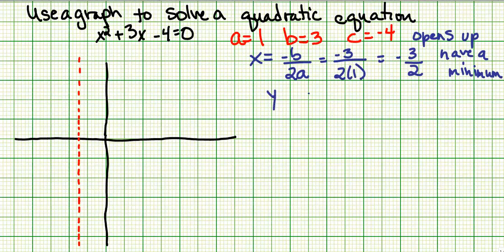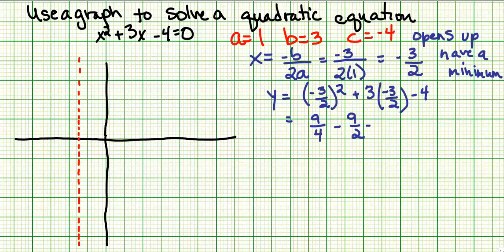So x squared will be -3/2 squared plus 3 times -3/2 minus 4. That's 9/4 minus 9/2 minus 4. 2 1/4, if this is easier, minus 4 1/2 minus 4, is going to equal -6 1/4. If you're not sure, you could always grab a calculator.